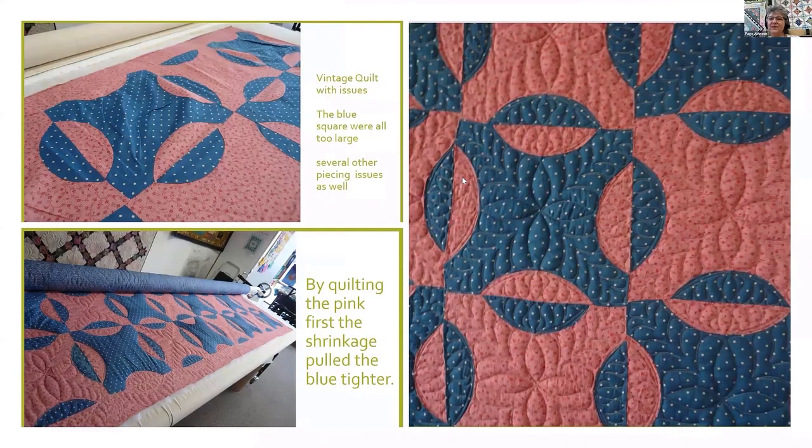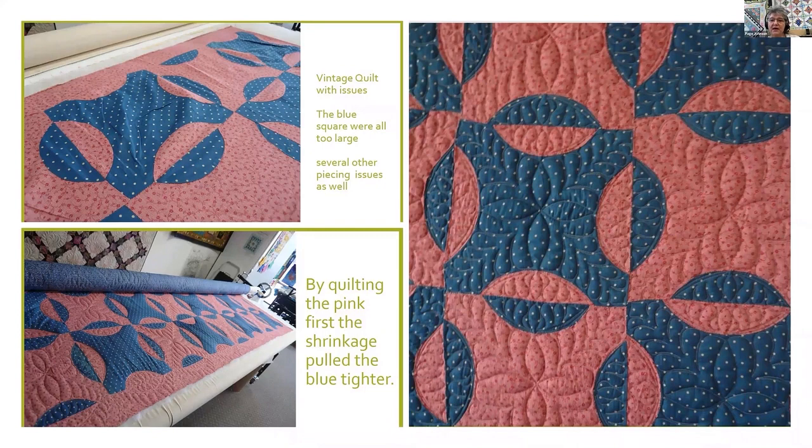Okay. This is a quilt, and it was very obvious that all of the blue squares were cut too big. This happened to be a vintage one, but it happens today. And I used shrinkage to my advantage by quilting all the pink ones first.